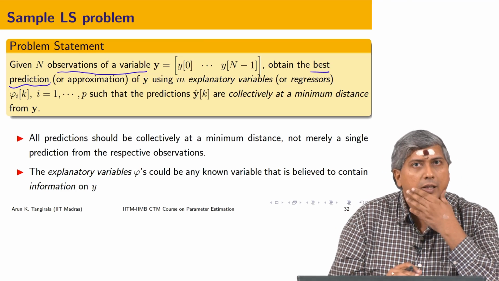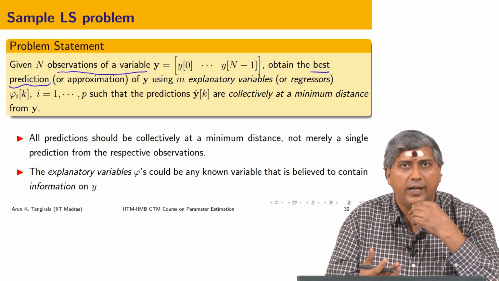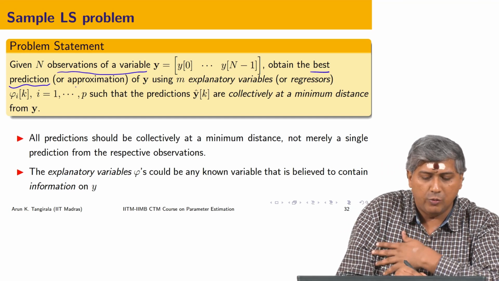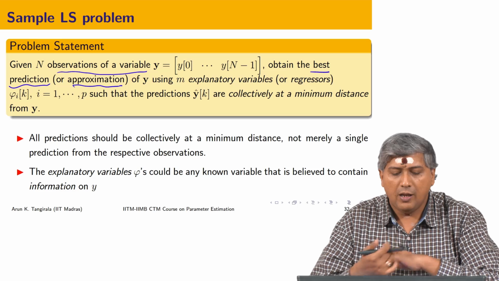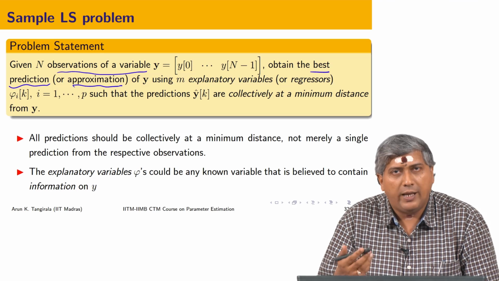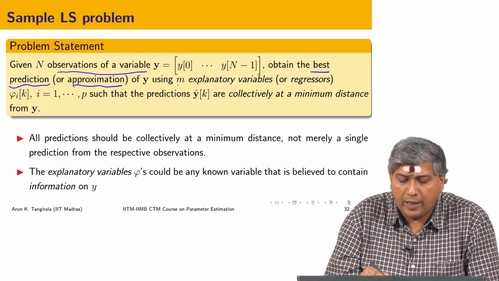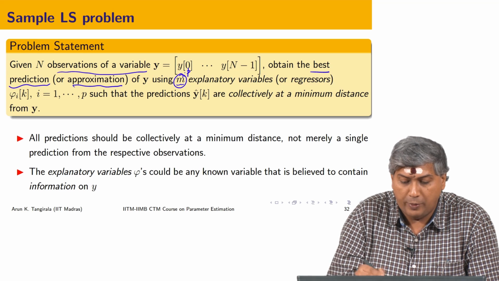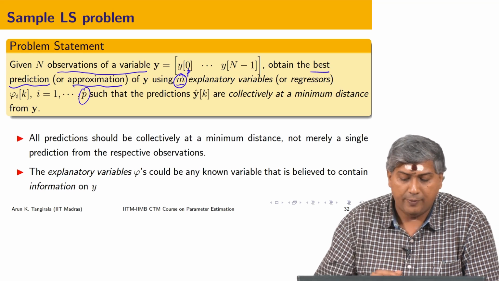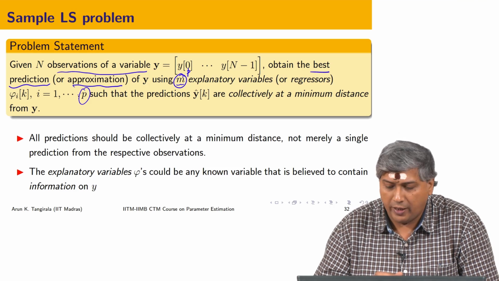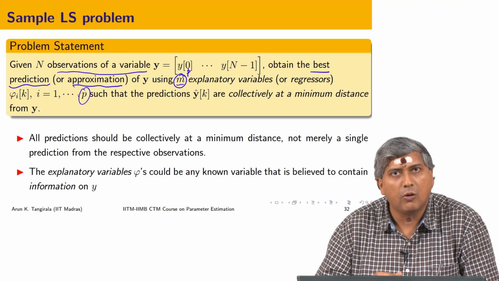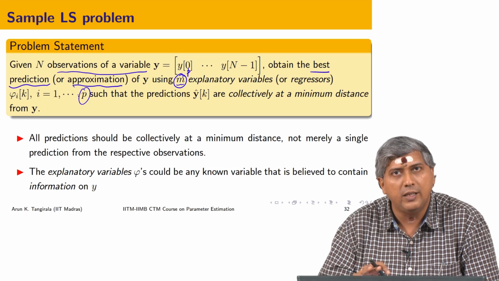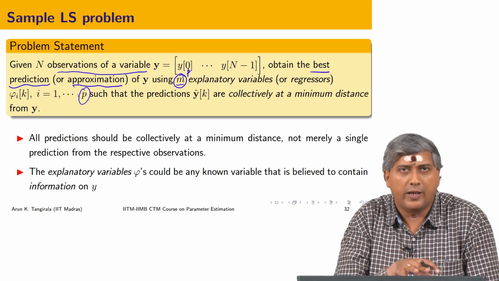In many domains we use the term prediction, but if you do not find the prediction term comfortable, you can use the word approximation, of this y, whatever you have observed, using p explanatory variables. So, we will correct this to p because you have p here. So, we have p explanatory variables, sometimes also called regressors, but for now we will use the term explanatory variables because these are the variables that we hope will explain y.